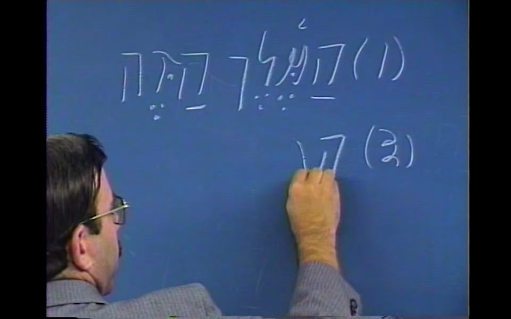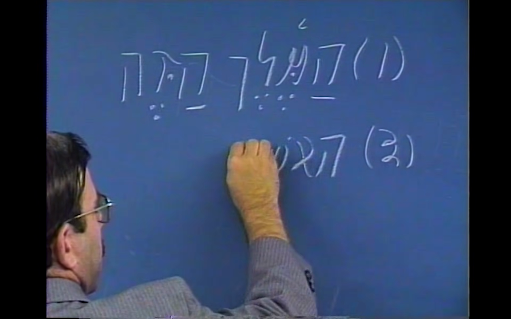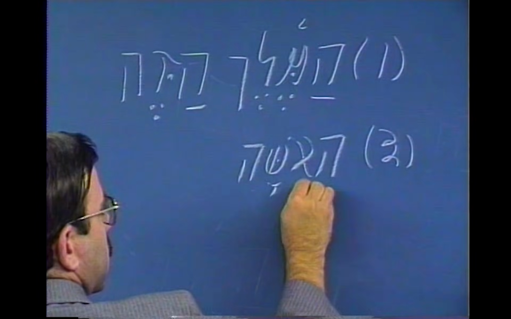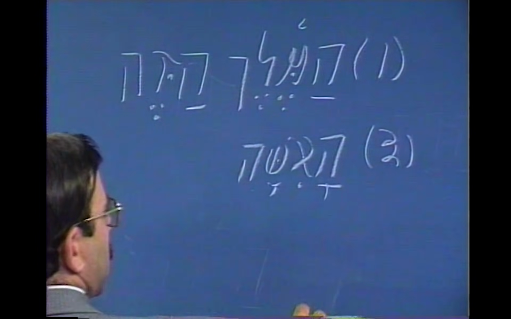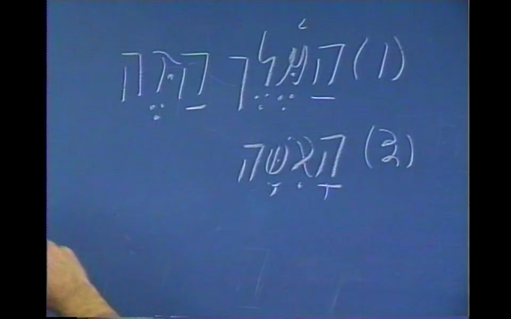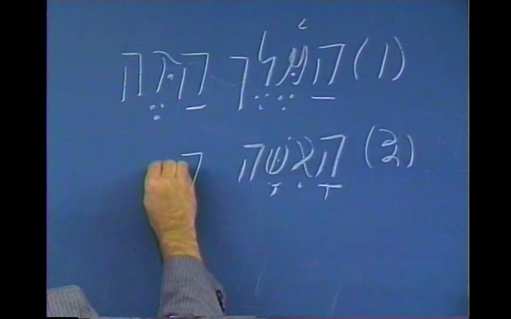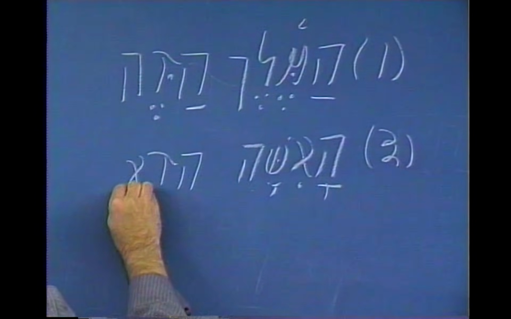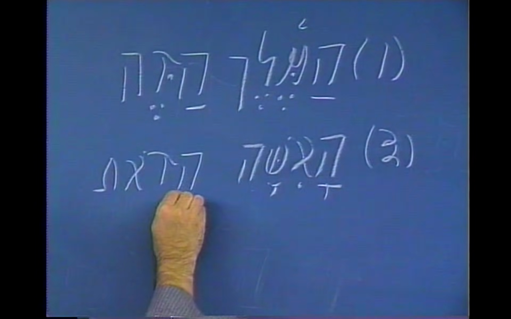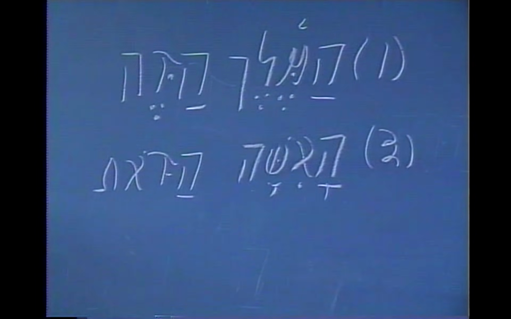So we'd say the woman, ha-isha. Remember that takes a kamets instead of a patach. Ha-zot, the woman, namely this woman.